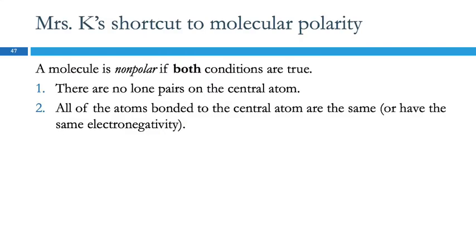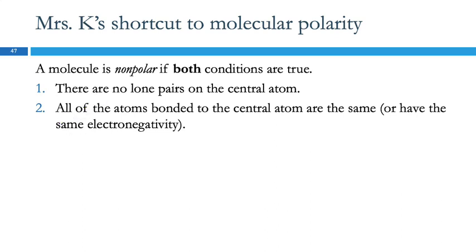So this leads to my simpler method of identifying whether a molecule is polar or not. Being able to identify the polarity of a molecule is pretty important. So here are the rules. There's only 2. A molecule is nonpolar if both of these things are true: no lone pairs on the central atom, and all the atoms bonded to the central atom are the same, or they have the same electronegativity.